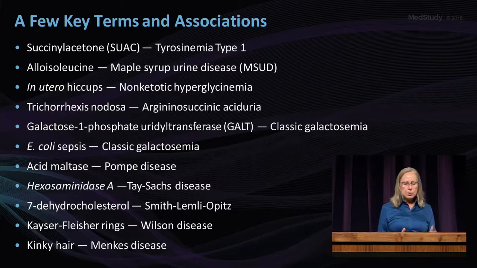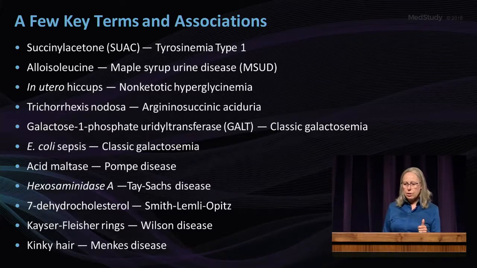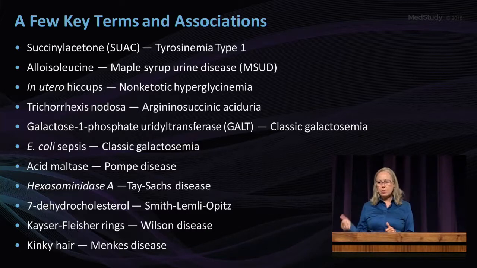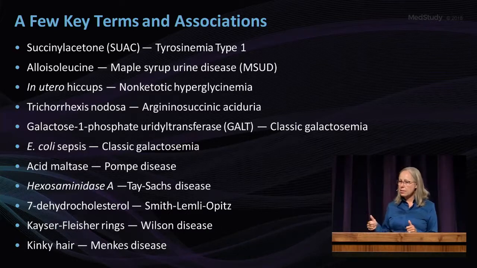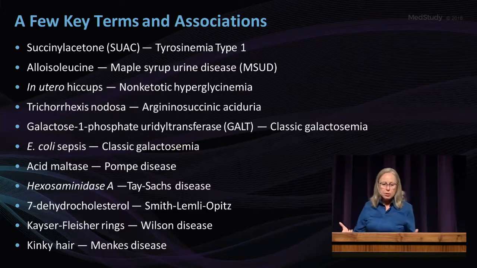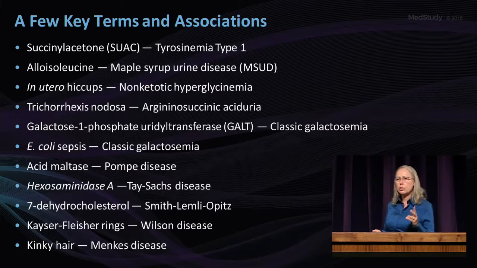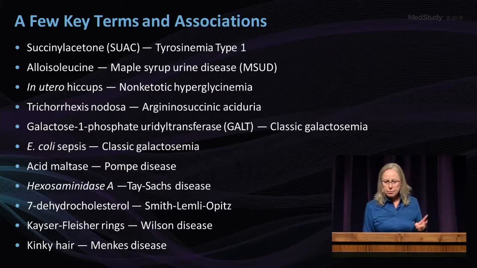In utero hiccups is non-ketotic hyperglycinemia. Trichorrhexis nodosa is argininosuccinic aciduria. GALT is classic galactosemia. E. coli sepsis is classic galactosemia. Acid maltase is Pompe, hexosaminidase A is Tay-Sachs, 7-DHC is Smith-Lemli-Opitz, Kayser-Fleischer rings are Wilson's disease, and kinky hair is Menkes disease. So know the two that you have to call your dermatology friends on the weekend.